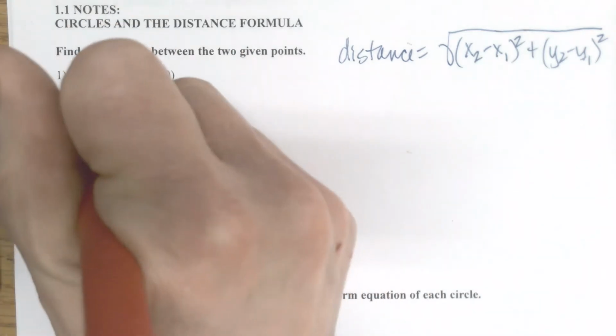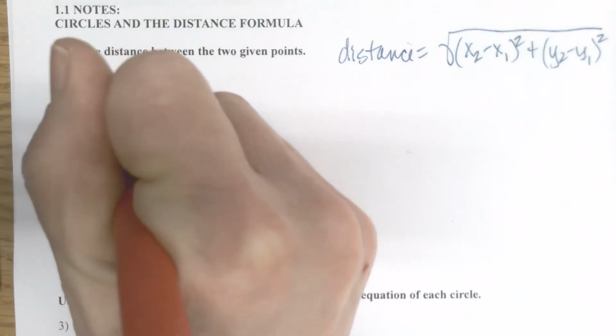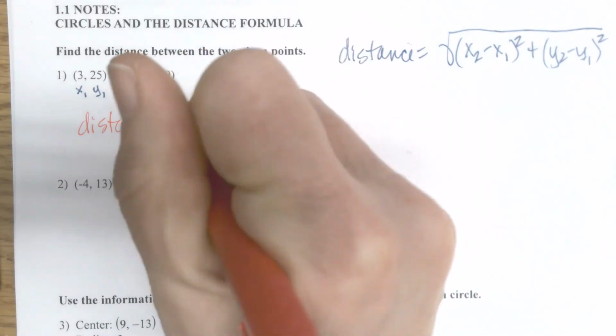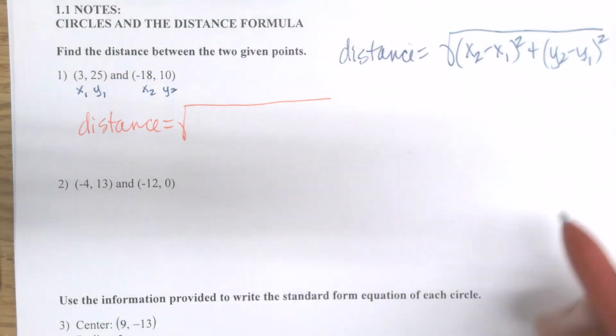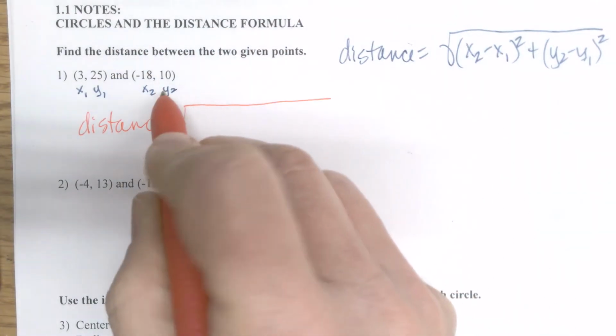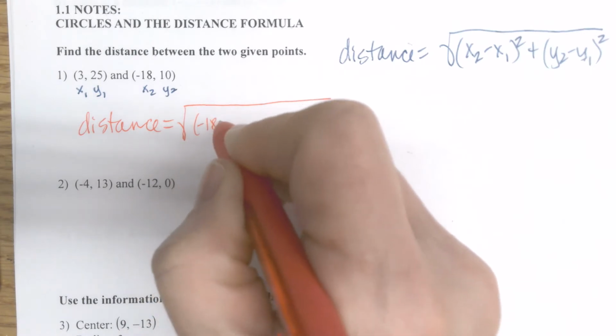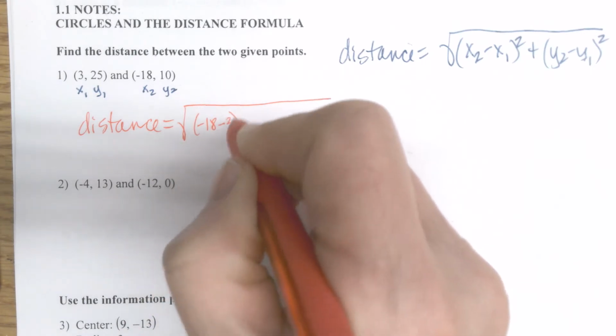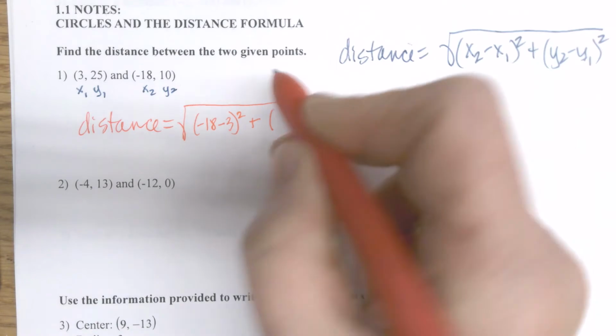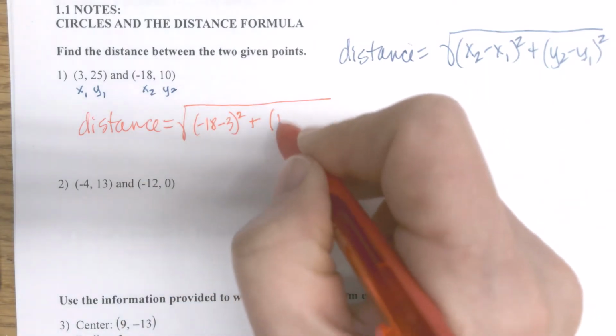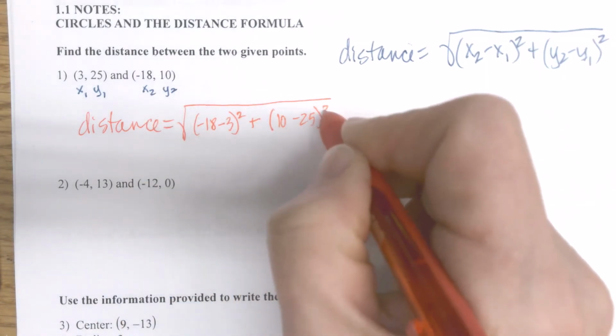So I would have my distance is equal to the square root of negative 18 minus 3 quantity squared plus 10 minus 25 quantity squared.